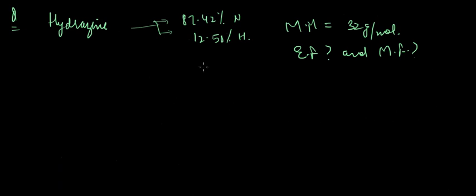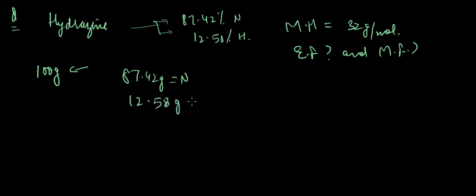Okay, so obviously these are by mass. So let's say that we have 100 gram of hydrazine, in which 87.42 gram nitrogen is present and 12.58 gram hydrogen is present.